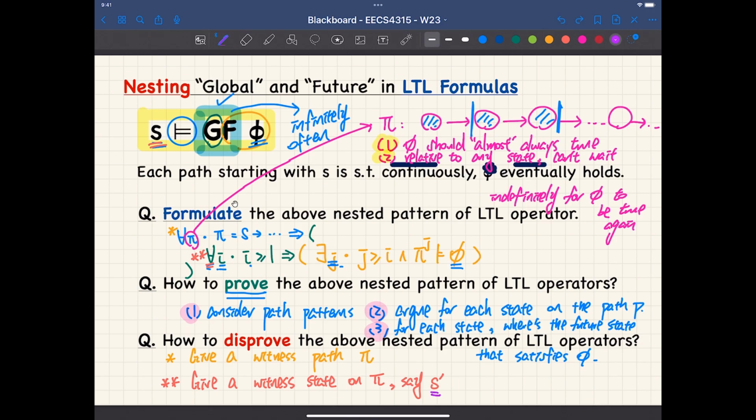For that, I'm going to use a star, star, star. You want to say relative to the witness state S prime on the witness path pi, phi is, rather than having some future state that's going to make it true, it will never be true. Never true.